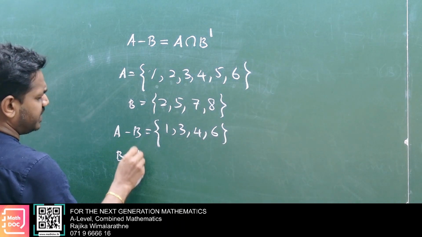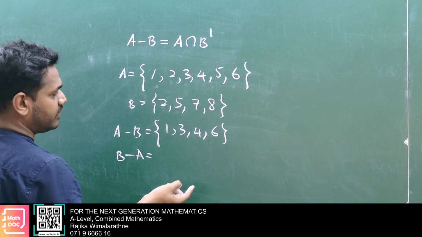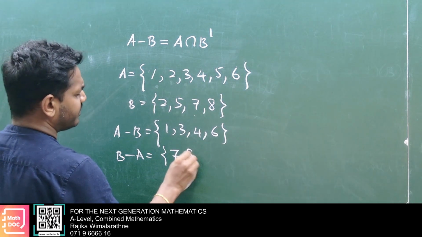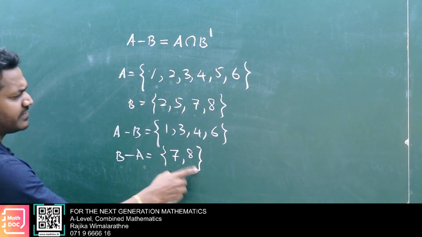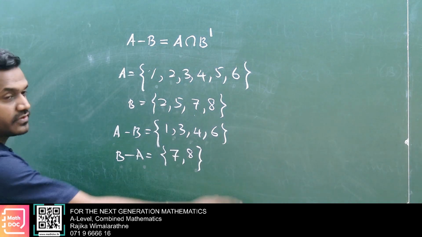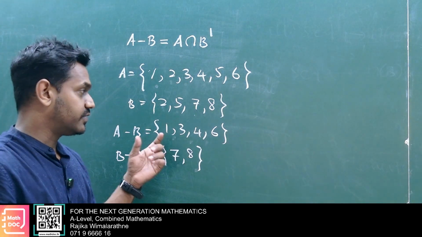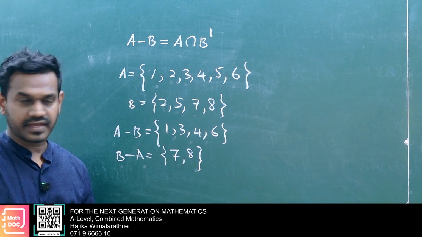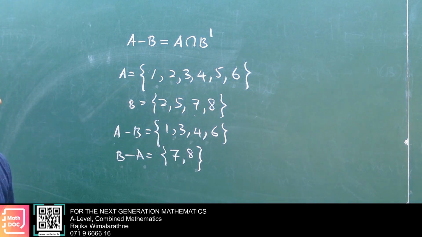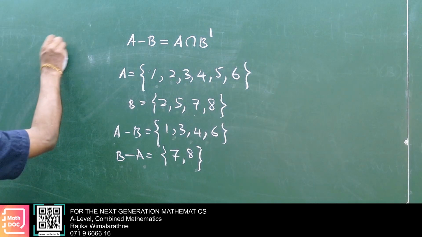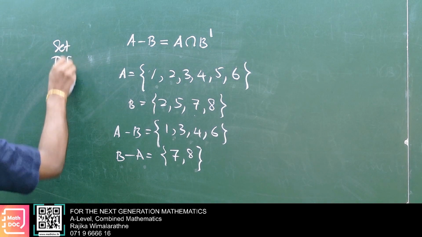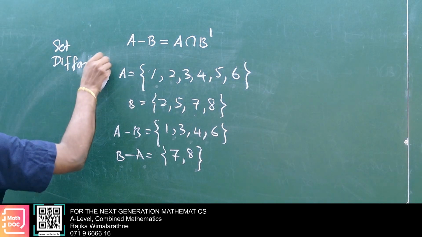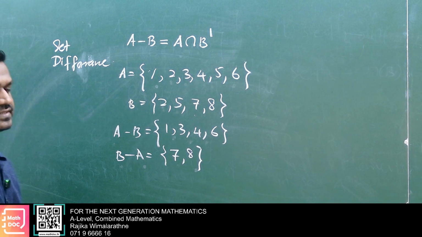Then B minus A means include all B values but remove common values: 7, 8. That includes A elements and not common B values. That is set difference.